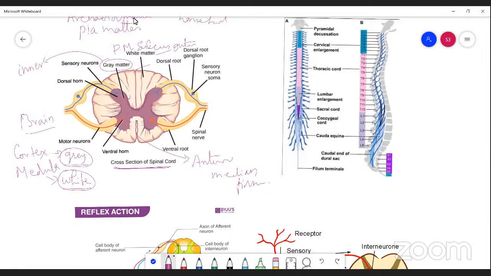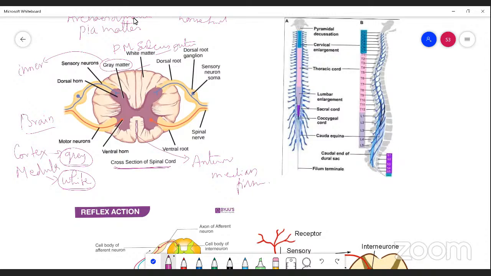Do you understand? The two regions are somewhat in contrast to the brain, because the spinal cord has gray matter inside and white matter outside.